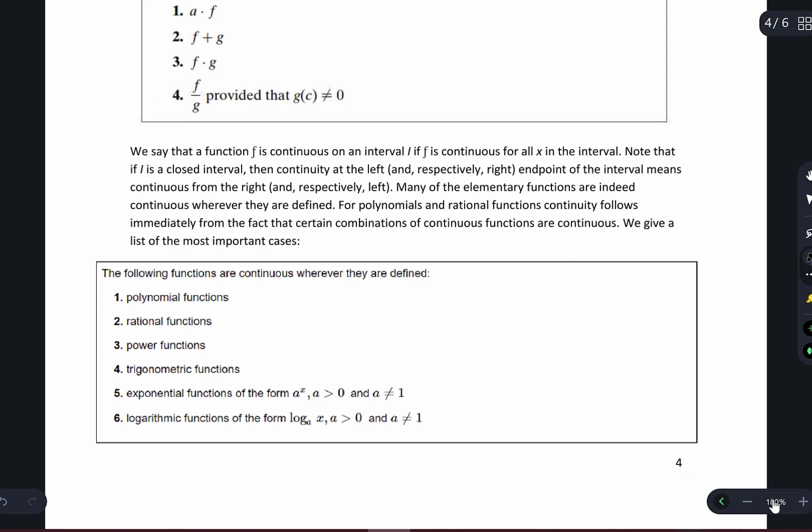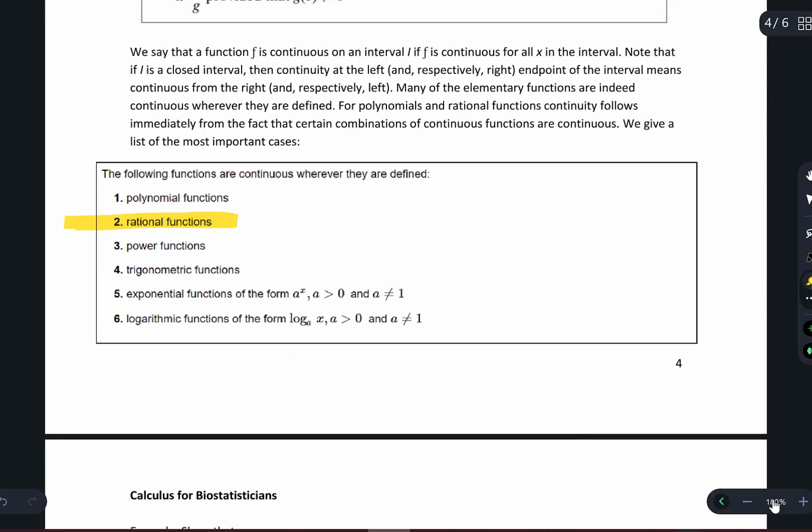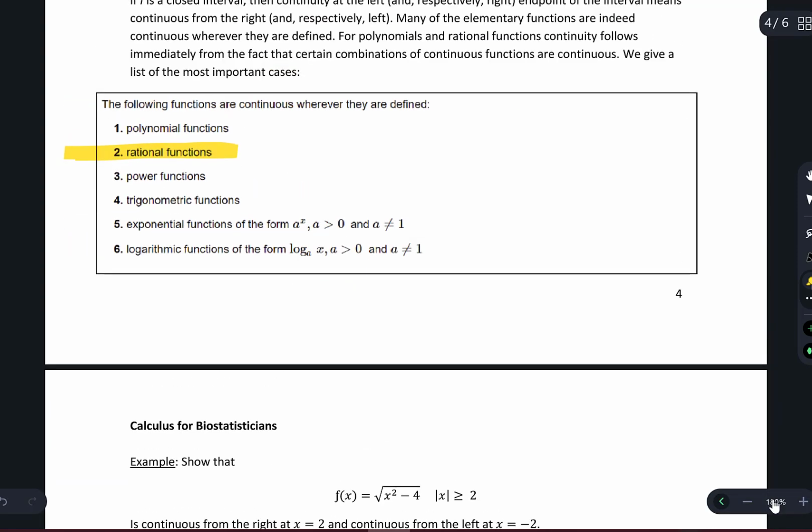And then further, we can say that f is continuous on an interval if f is continuous for all x in that interval. And then finally here in the box we have several different types of functions that are continuous whenever they are defined, and you'll notice that one of them is the rational functions from the previous page. All right, so let's look at some more examples, and I will say your book does give several examples of these, so I would take a look at those examples in the book.